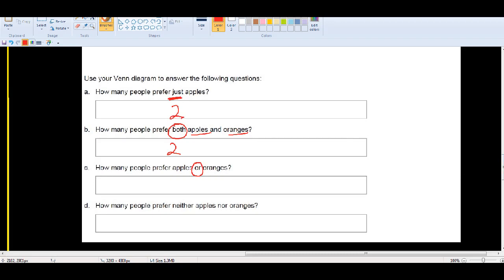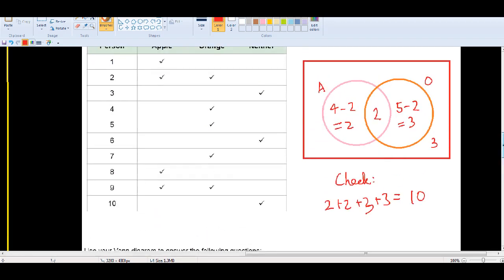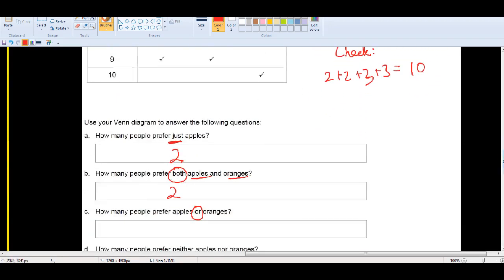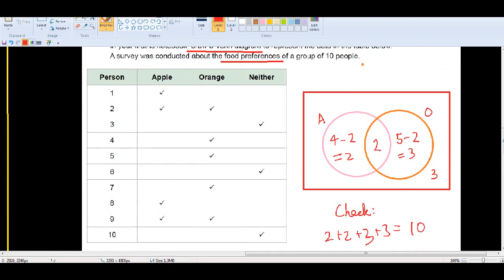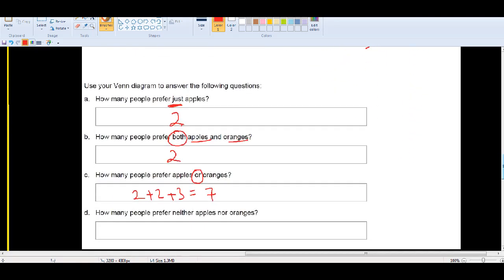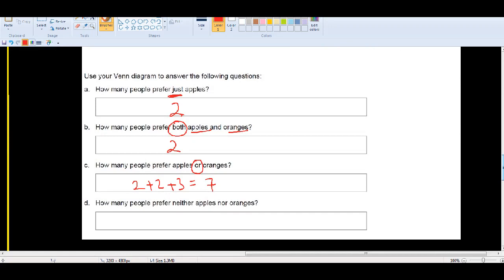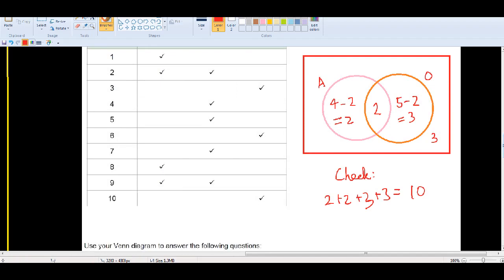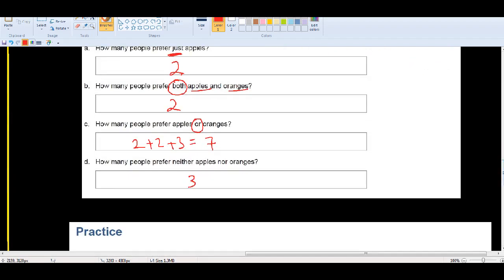Or means you need to consider both. In both circles there are totally 2 plus 2 plus 3, so that's 7 people who prefer apples or orange. You need to add all the people in those circles. How many people prefer neither apples nor orange? Should be outside the 2 circles. Should be 3.